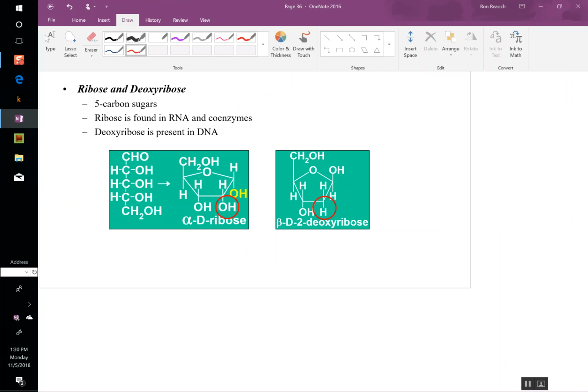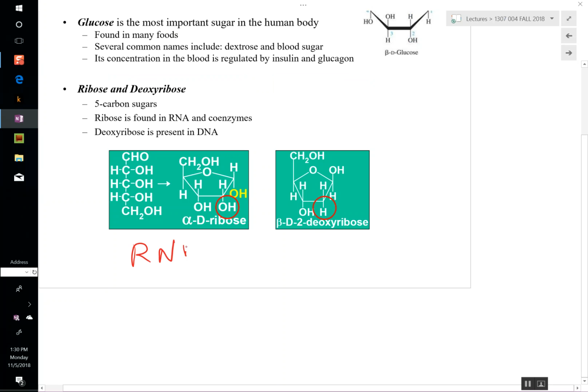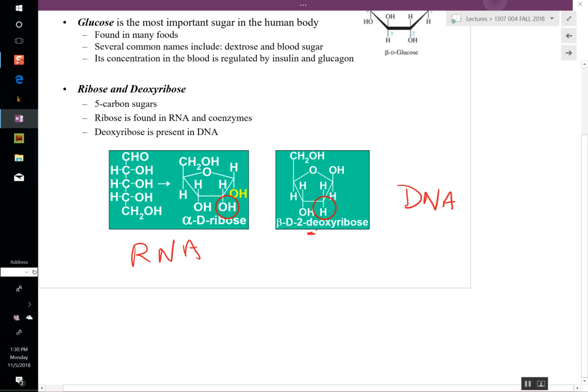Here is ribose. All right, we already said ribose is the sugar you're going to find in RNA. Deoxyribose, DNA, the D is not standing for this D, it's relating to this D. And notice what you've done here on carbon number 2: you've stripped off an oxygen.